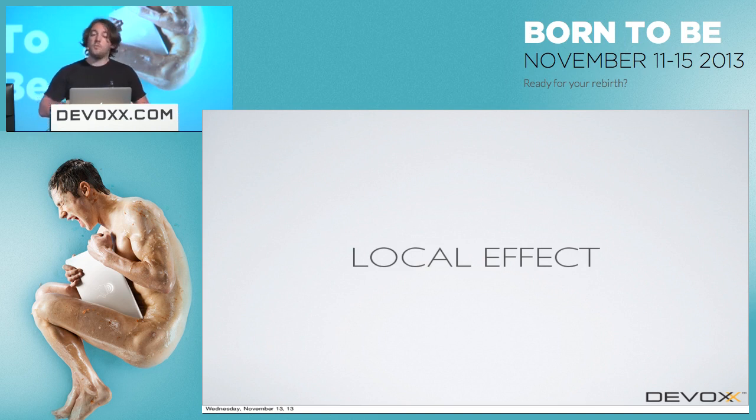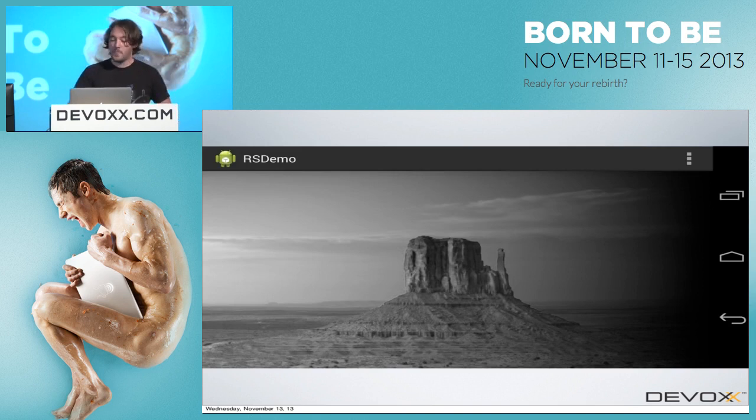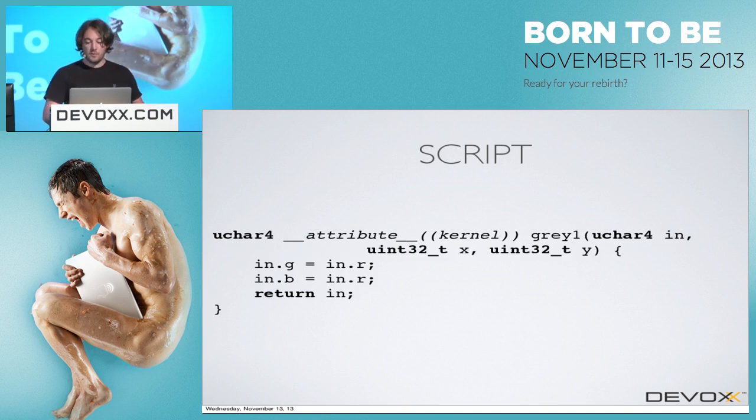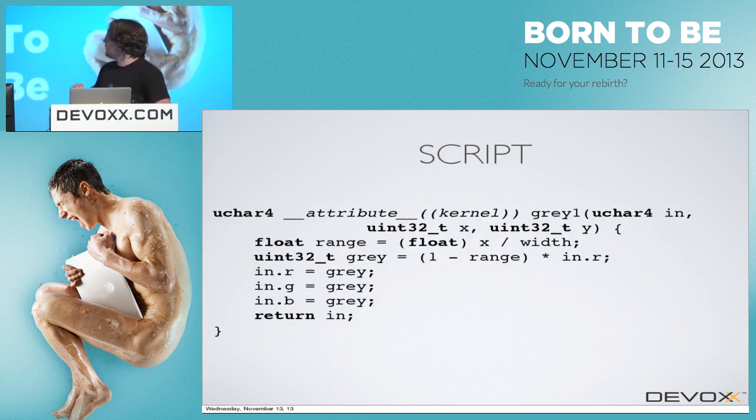If you want to do a bit more than just a global pass on your pixels, if you want to do some effect like applying a gradient over your image, then starting with the script that we have, you just have to change the signature of your function by adding x and y.